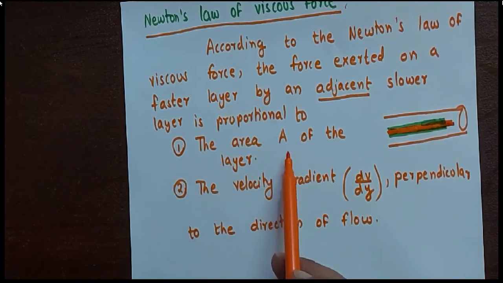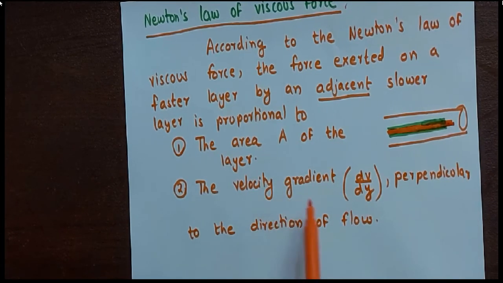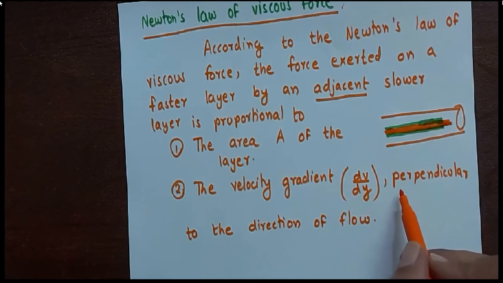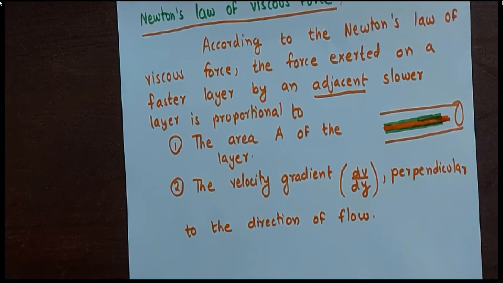So first it is proportional to A, and second it is proportional to velocity gradient, that is dv by dy perpendicular. Important, the direction is perpendicular to the direction of the flow.